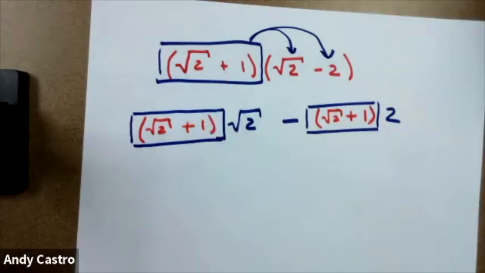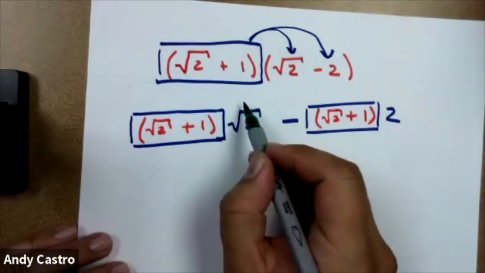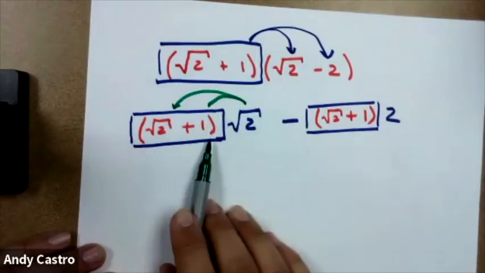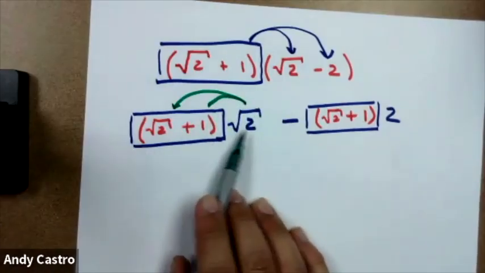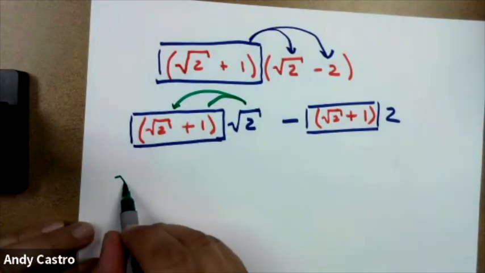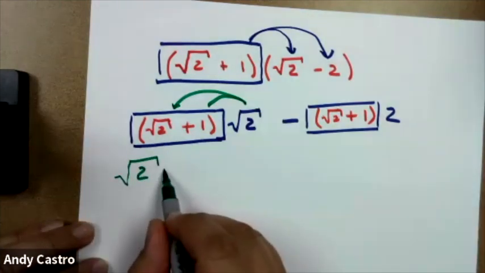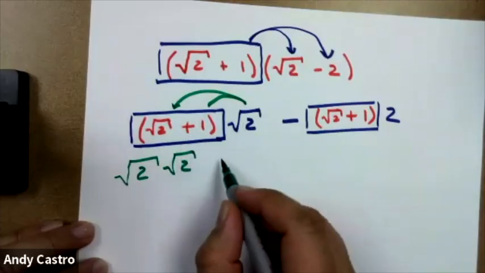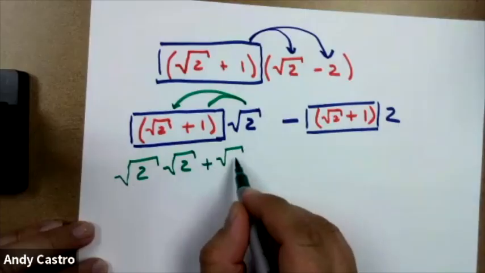Okay, that's what's inside the box. Okay, now let's distribute this root 2 into this quantity. So we have root 2 times root 2, and root 2 times positive 1 just gives me a positive root 2.